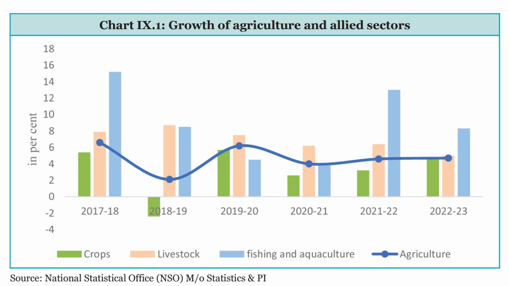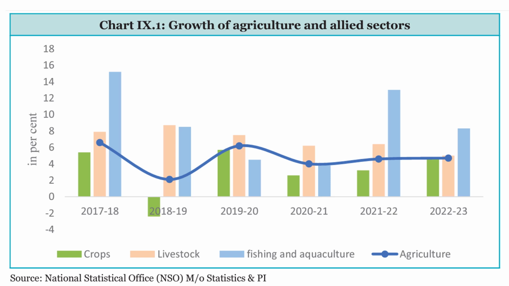Growth of agriculture and allied sectors from 2017-18 to 22-23. You can see here growth in percentage, and we can compare crops, livestock, fishing and aquaculture. If we consider the first one, crop, it is not continuously increasing or decreasing, but fluctuating.